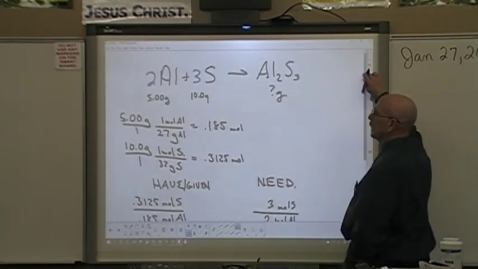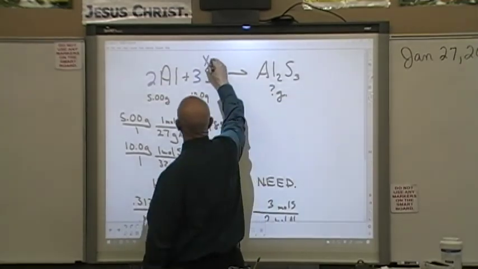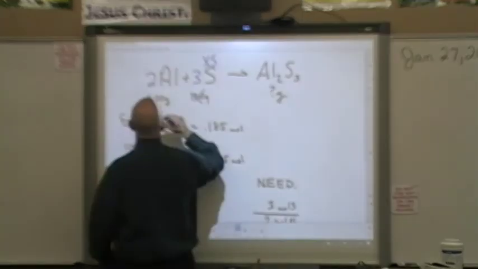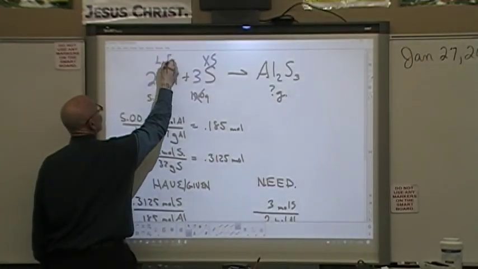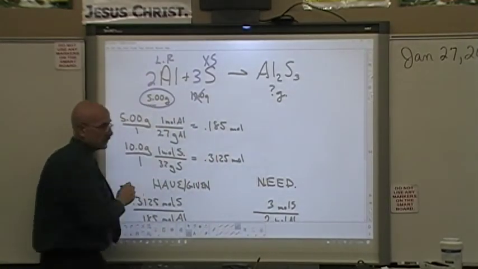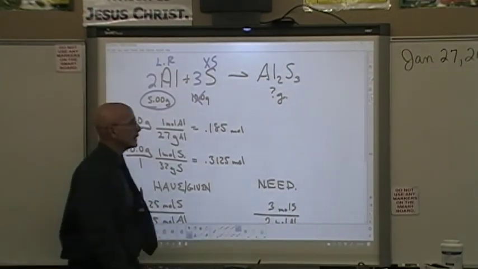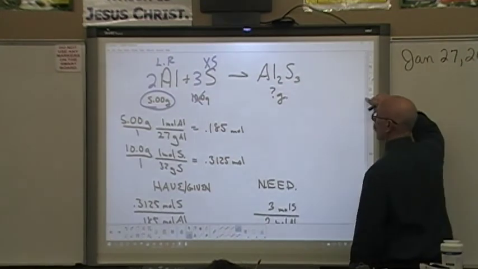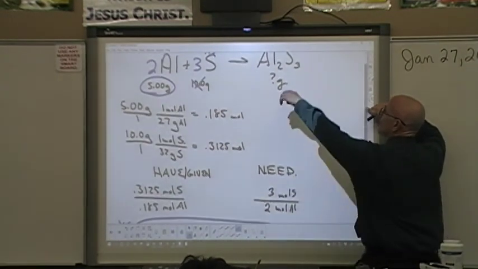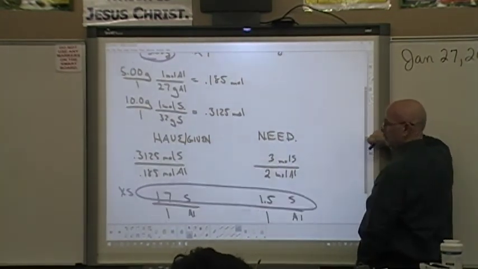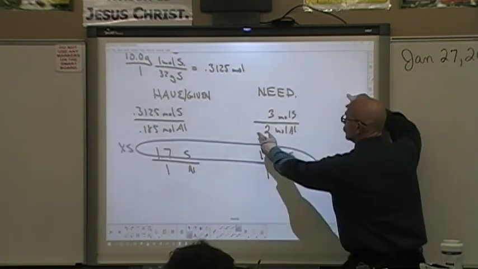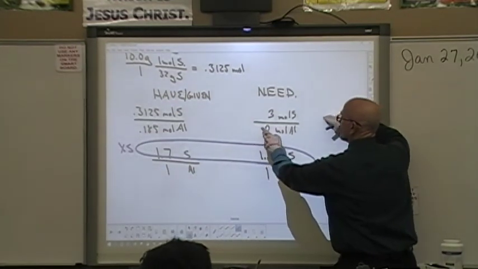So excess sulfur, ignore. Limiting, use this number here to do my stoichiometry. Okay, so now we're going to go back and we can do the stoichiometry problem using 5 grams of aluminum. How much is this going to be produced? Let me just shrink this down so we can still see.